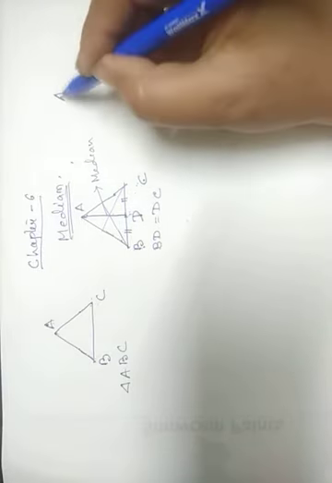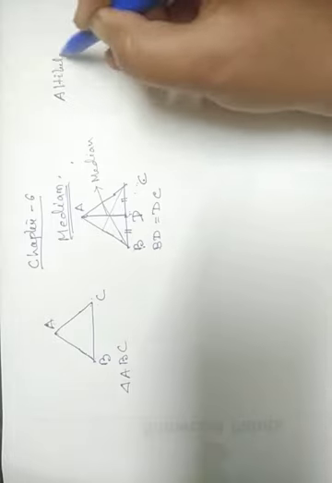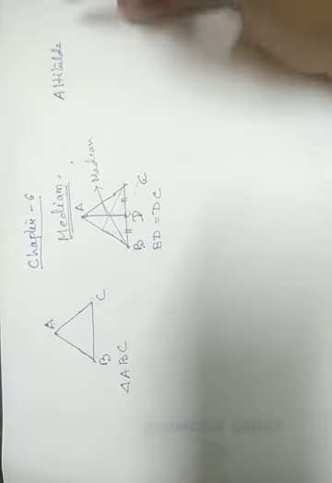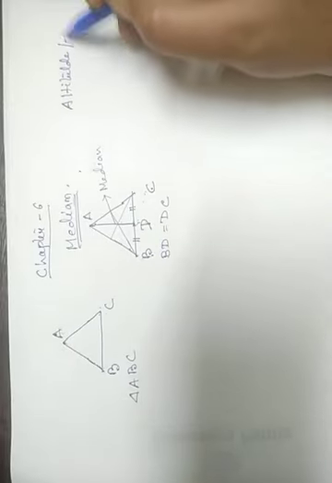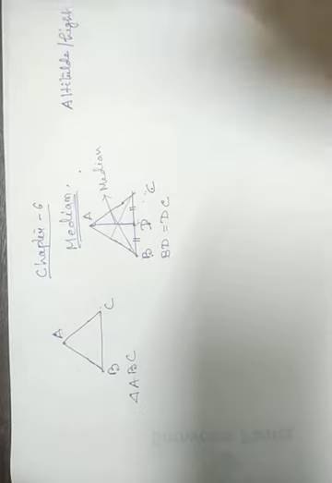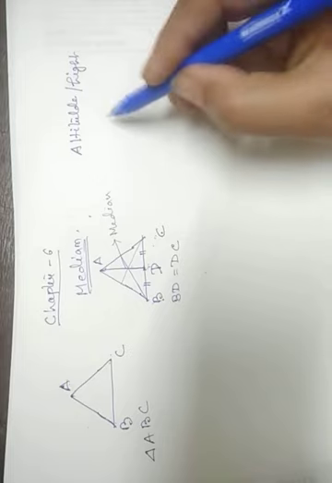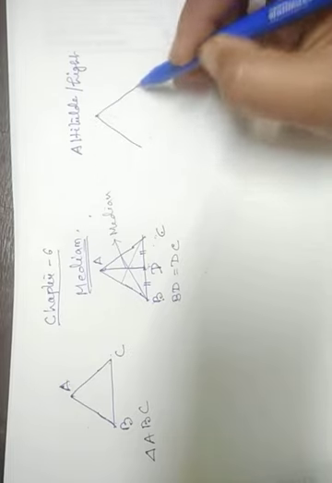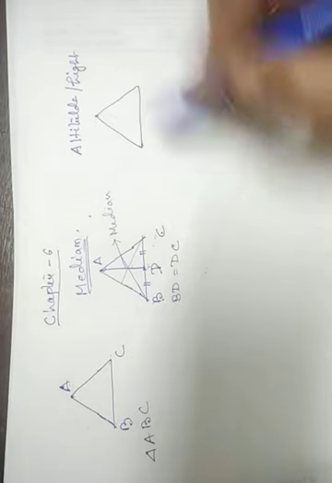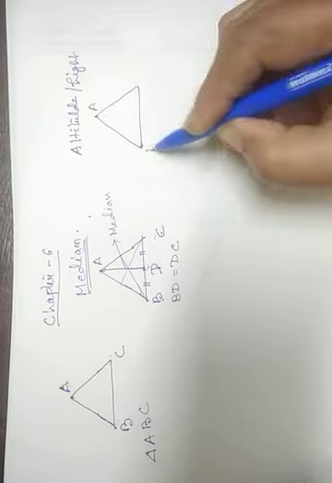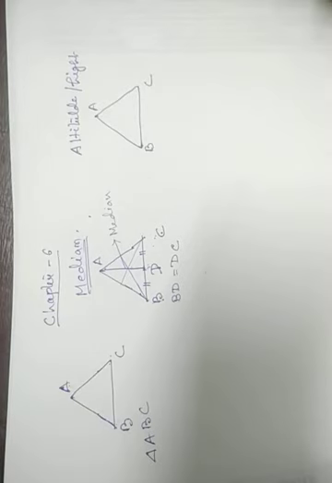Second thing, another thing, that is altitude. This is also called the height of the triangle. Now, what is altitude? In a triangle, these are the vertices of the triangle.